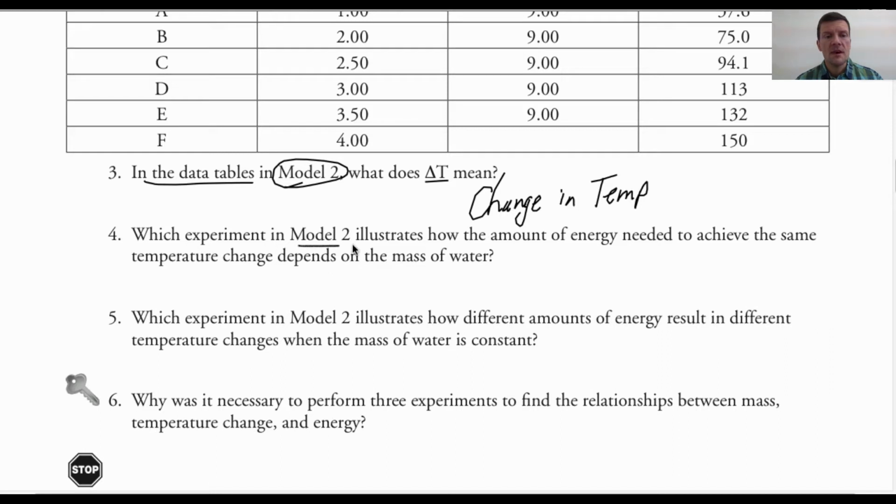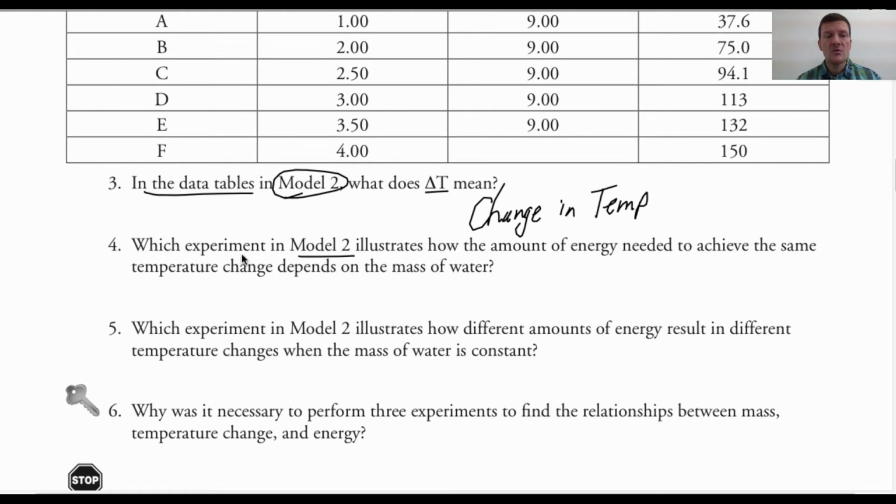Which experiment in Model 2 illustrates how the amount of energy needed to achieve the same temperature change depends on the mass of the water? Okay, so we're looking at which one of these experiments shows how the amount of energy needed depends on the mass of water to achieve the same temperature change.